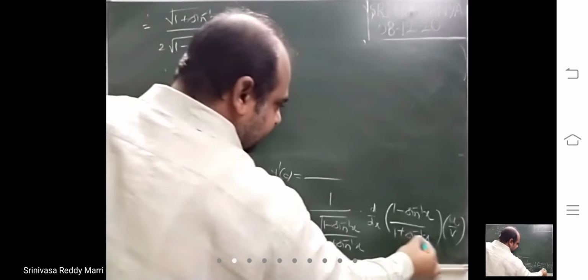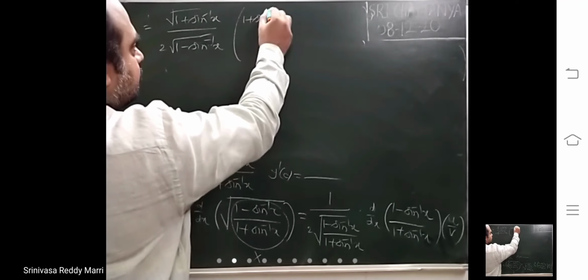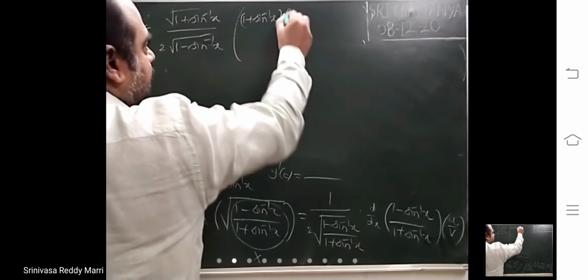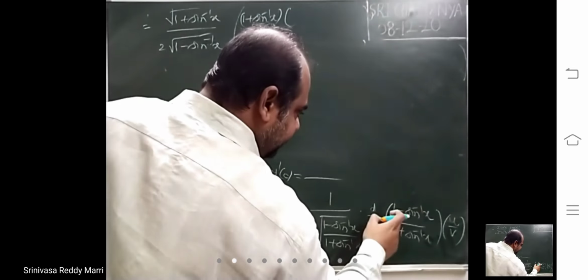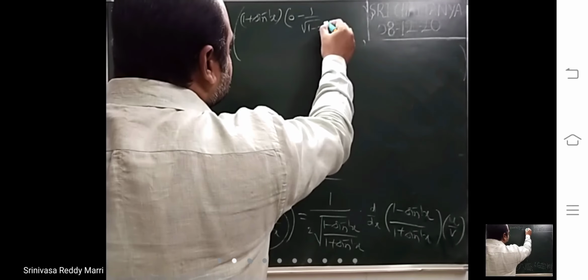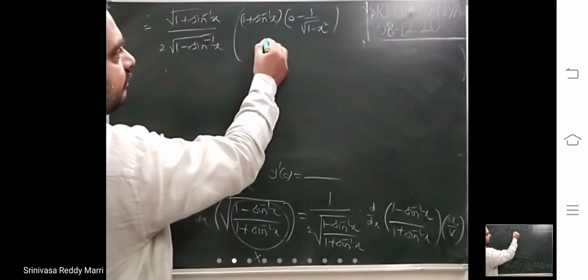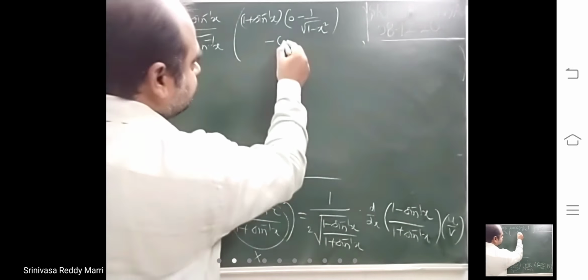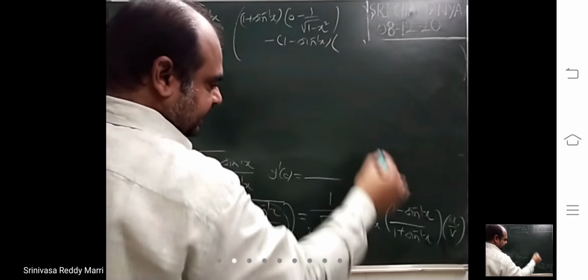That means v, which is 1 plus sine inverse x, into the derivative of u, that is d by dx of 1 minus sine inverse x. The derivative of sine inverse x is the standard rule, 1 by root of 1 minus x square, minus u into the derivative of v.